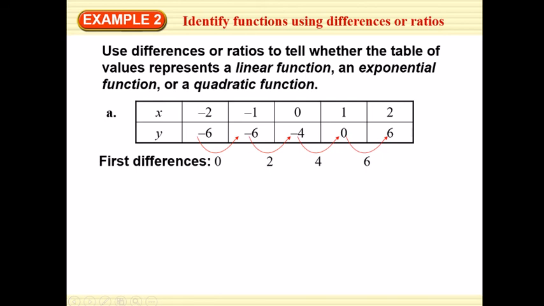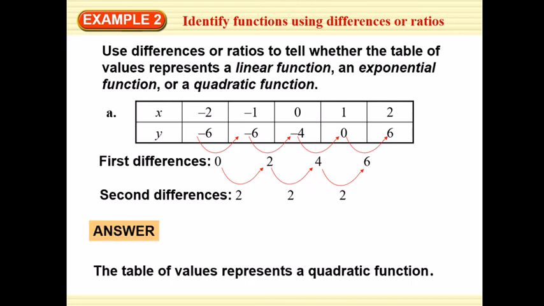And then -4 minus -6, that's a 2, 4, 6. So the first set of differences means that it's not linear, because those numbers are not the same. I try it again, and I find out that the second set of differences are all equal to 2. So that means this is a quadratic function.